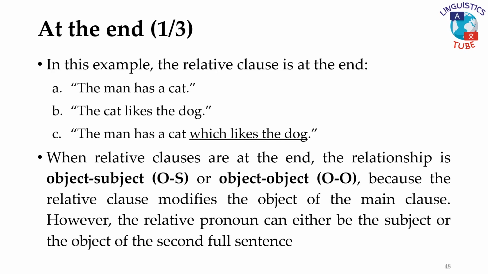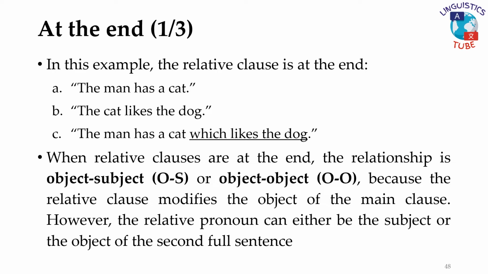When a relative clause is at the end of a sentence, the relative clause modifies the object of the main clause. Because of this, to describe the relationship between the relative clause and the main clause, the first part of our full classification must be O, or object.